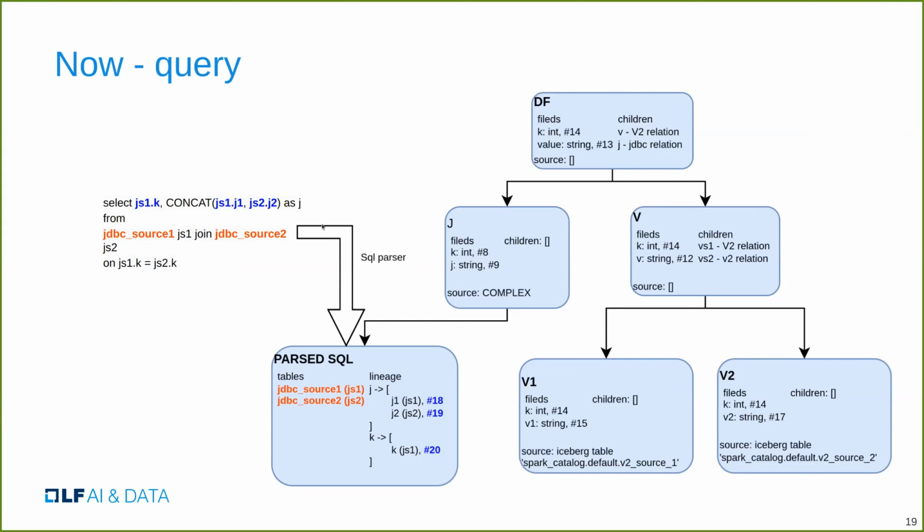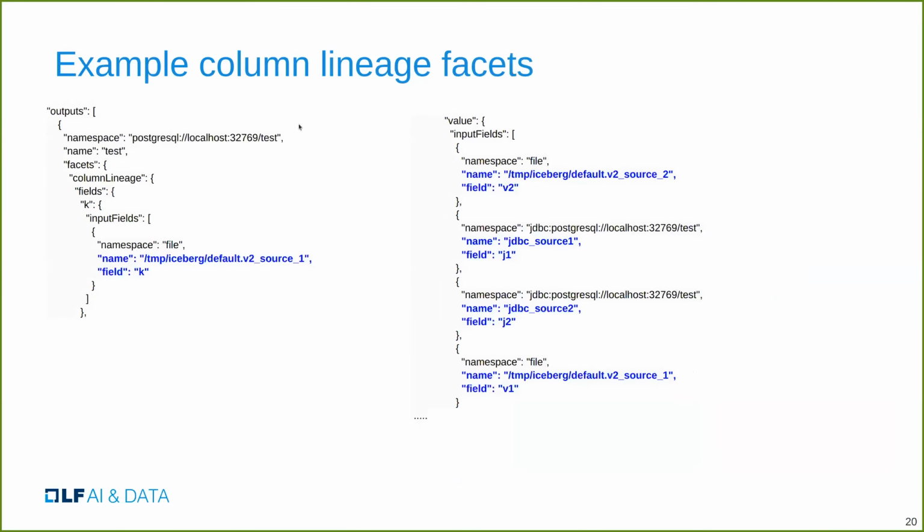Basically, we first parse the query to get some tokens, and then we map them and assign to them expression IDs. And with that, we can treat them as normal Spark columns. All of that is collected and sent as part of a run event.